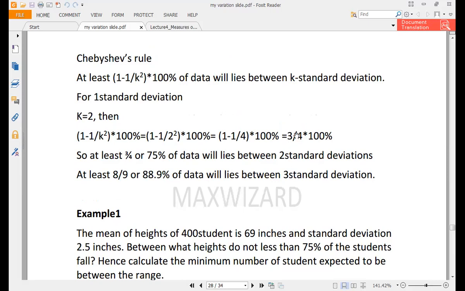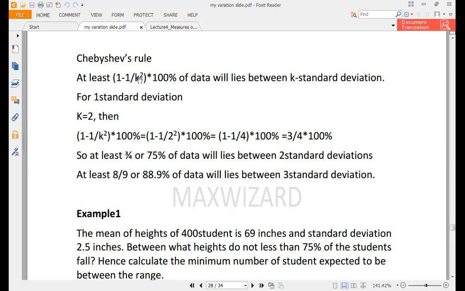Which is what I stated earlier about the Chebyshev rule, that when you deviate by 2 standard deviations, at least 3/4 of data will lie within it, or you multiply it by 100 and leave your answer in percentage. That is why you can say at least 3/4 or 75% of your data will lie within 2 standard deviations. If you are deviating by 3 standard deviations, that means your k will be 3.